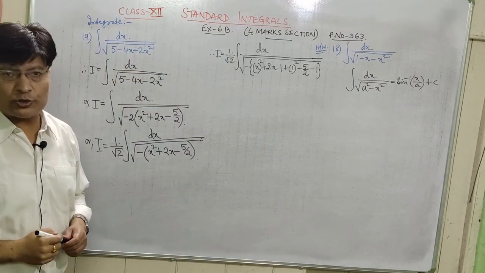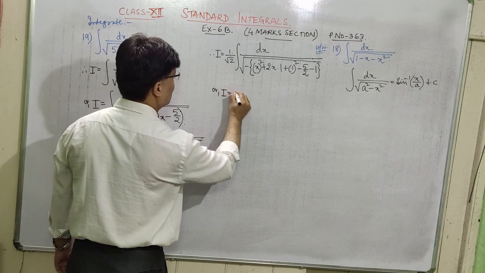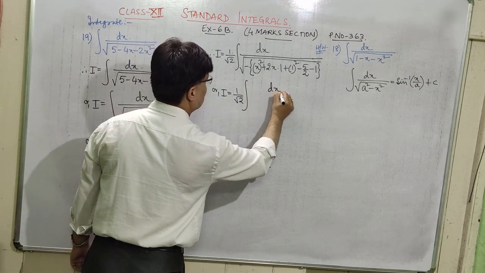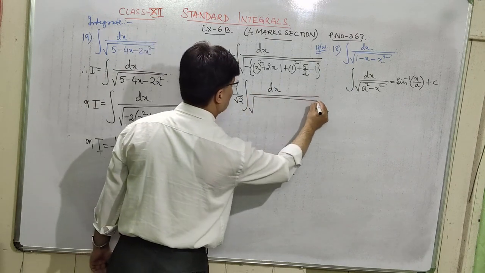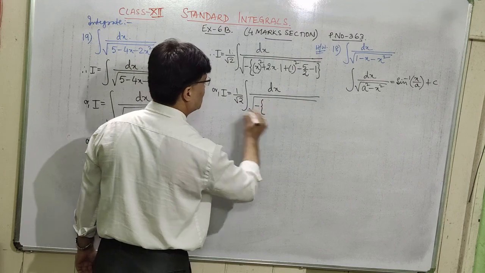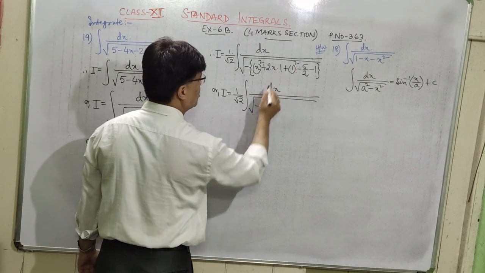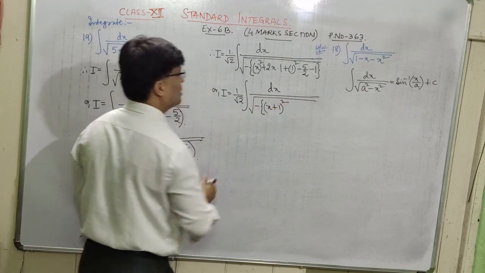So I think you have understood it. Okay. So I is equal to 1 by root 2 integration of dx divided by square root, within second bracket minus a whole square plus 2ab plus b whole square. What is the formula? It is x plus 1 whole square.